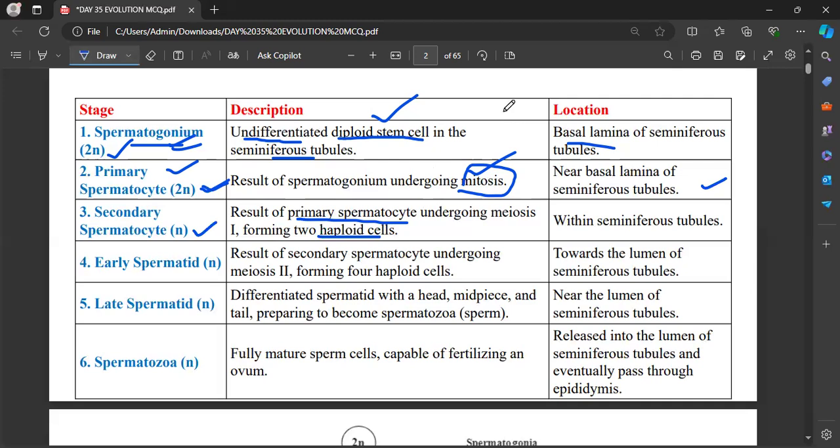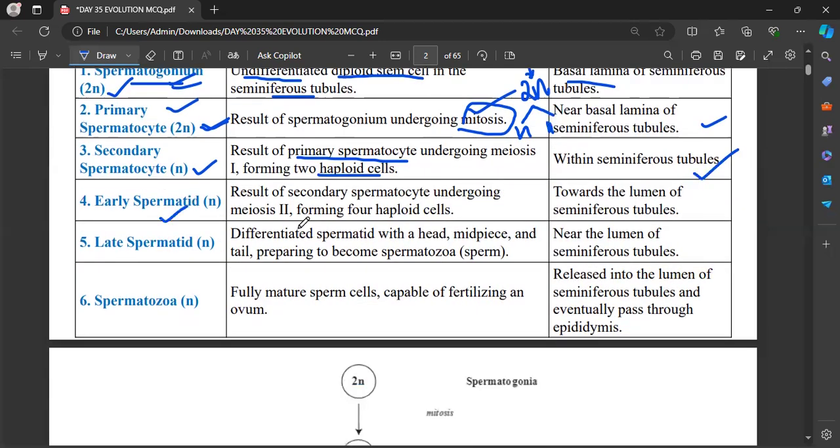So the 2n spermatogonium under mitosis gives rise to a diploid primary spermatocyte, and once again this primary spermatocyte undergoes meiosis I division. As it is a reduction division, the diploid is converted into haploid, dividing into two haploid secondary spermatocytes. And all this division takes place within the seminiferous tubules.